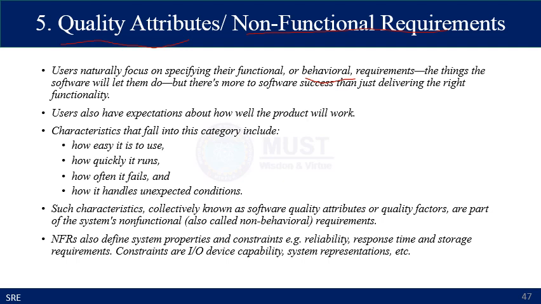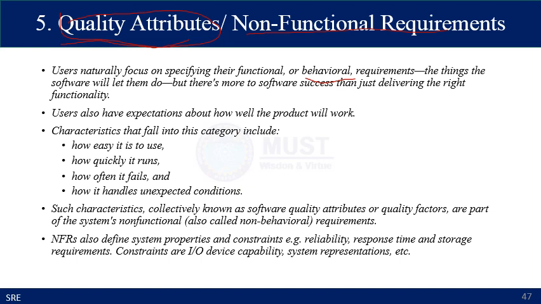But there is more to software success than delivering the right functionality, and these are the quality attributes or non-functional requirements. Users also have expectations about how well your product will work. It is not about doing the task, it is about doing the task efficiently.